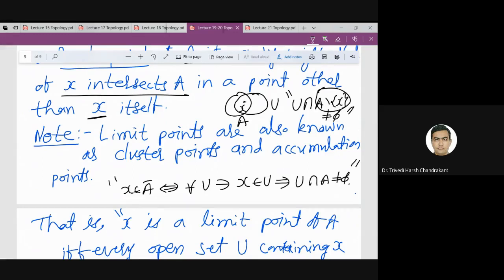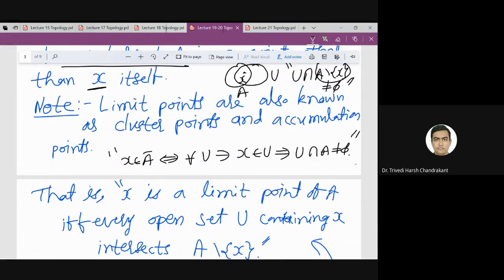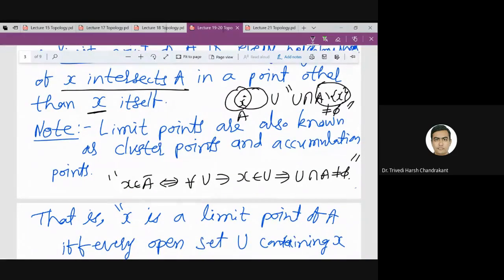So now we have to use this, so instead of A closure, we have here A minus x closure.